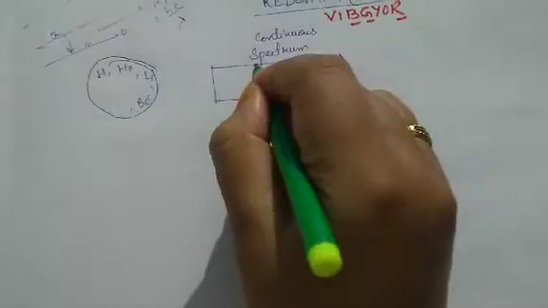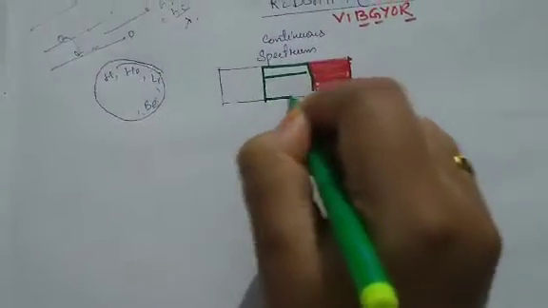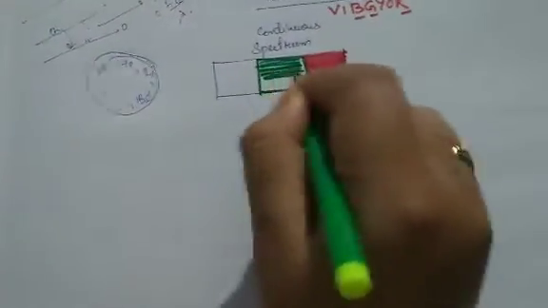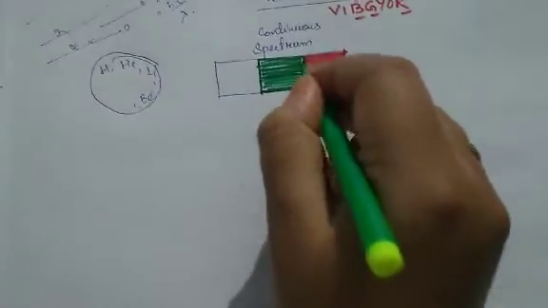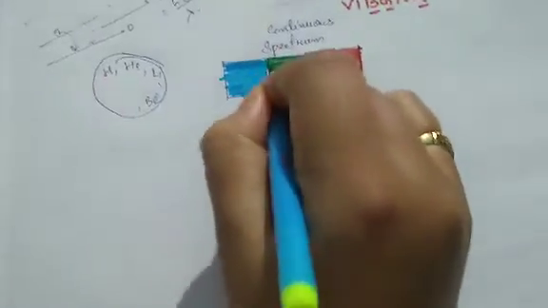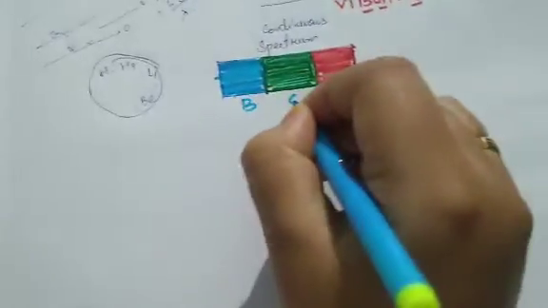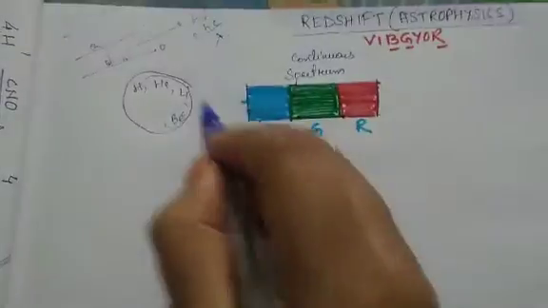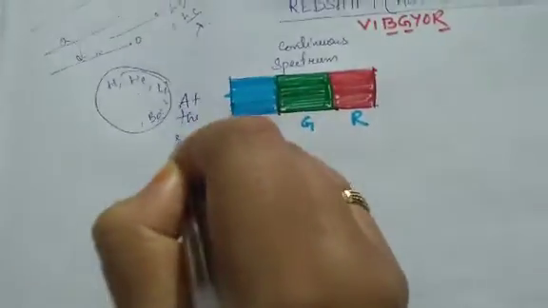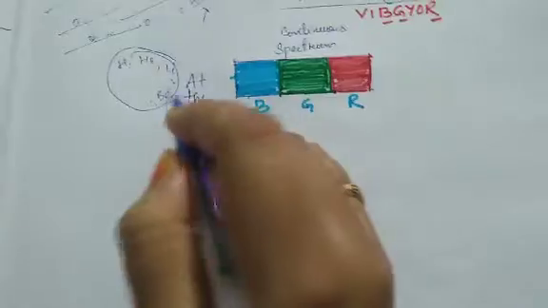So this is green color, and this is blue color. Fine, so B, G, R. Suppose this is the situation at the star. This is what the star has emitted. So lambda emitted.